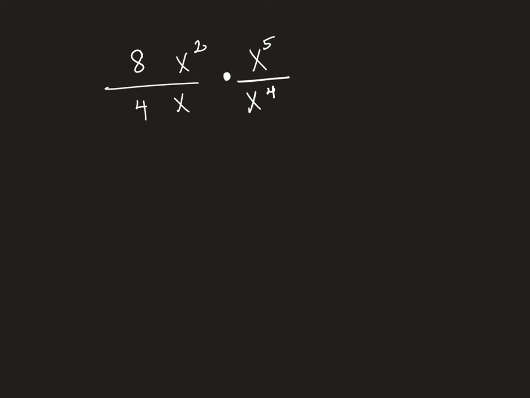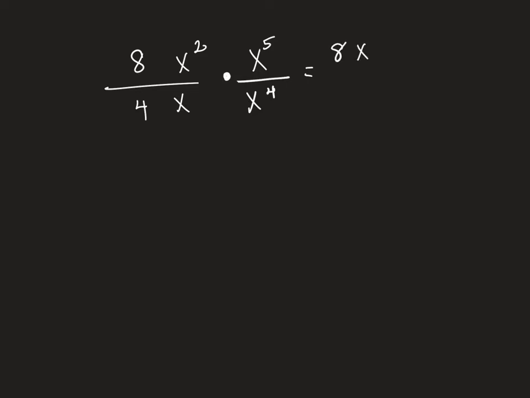All right, for my next example, I have 8/4 x squared over x times x to the 5th over x to the 4th. So if I look at the numerator first, remember anything that has the same variable, so these both have x, means that I can add the exponents together. So if I have 2 x's and then I have 5 x's, that means I have a total of 7 x's.